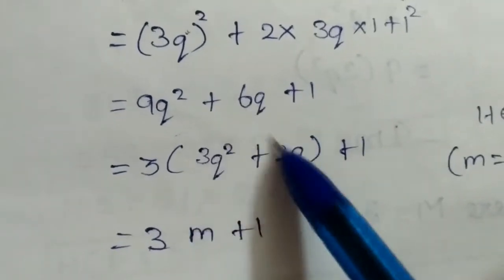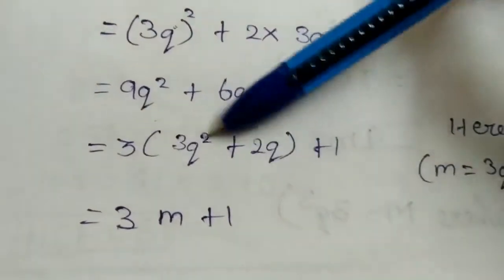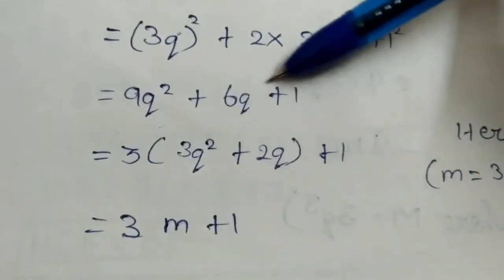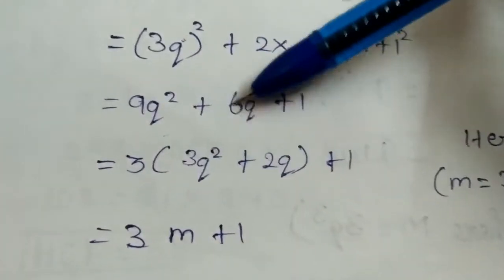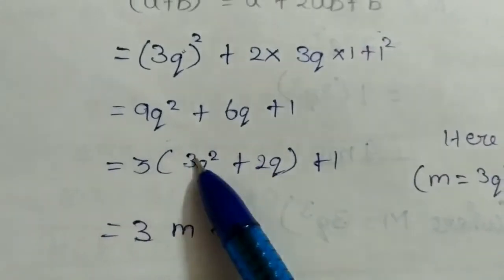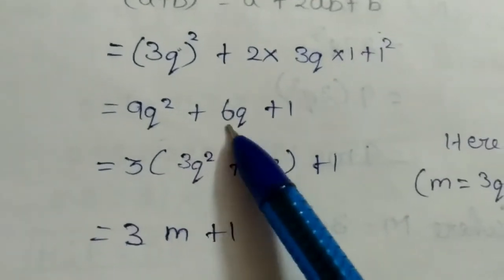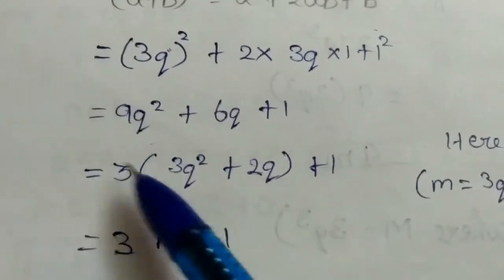Next, 9q square plus 6q. I am again dividing it, sorry, taking a common factor outside. So what will come? 3 3s are 9q square, and 3 2s are 6q. So I am taking 3 common outside.